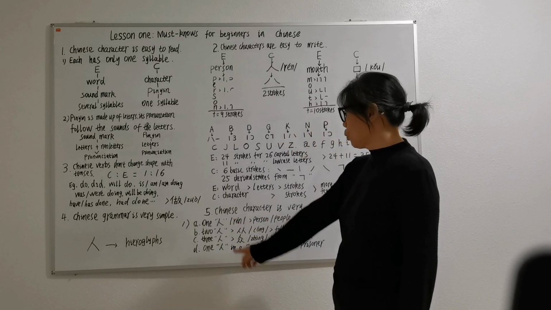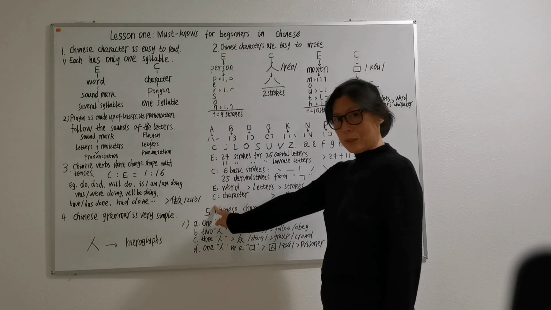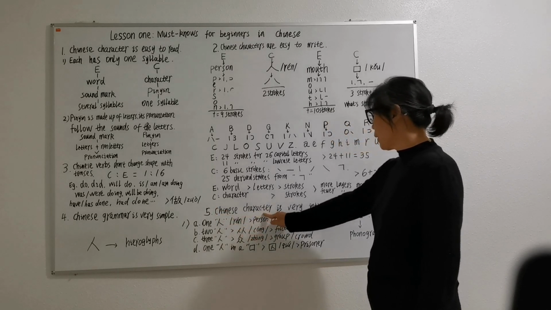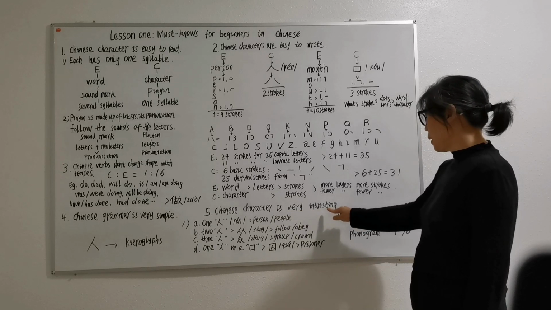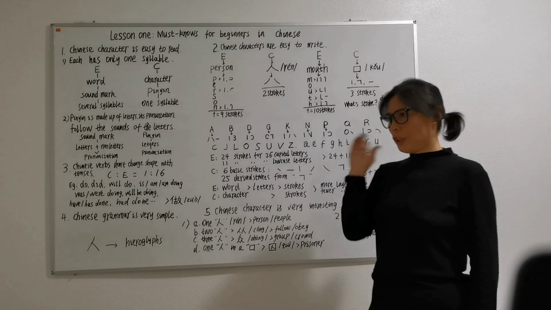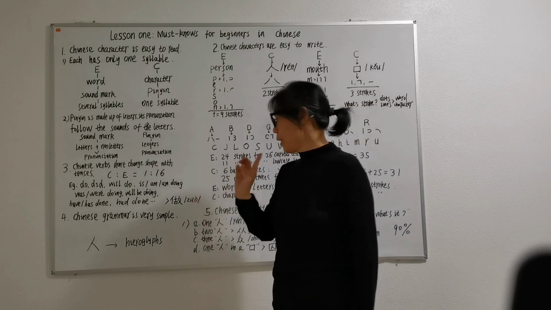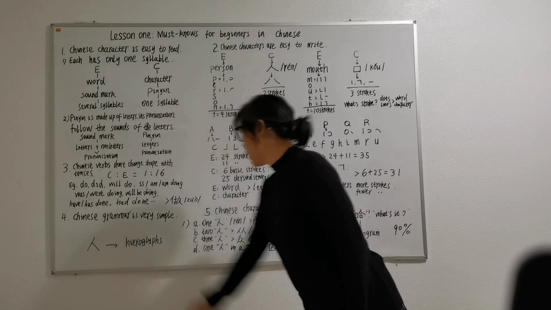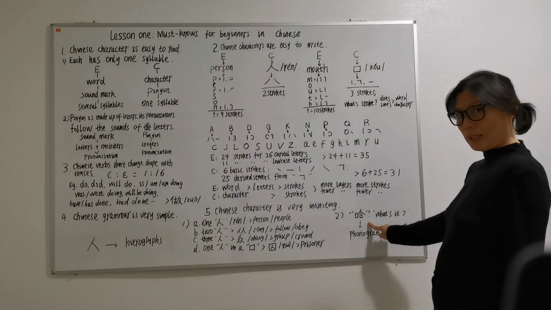Now, we go to the last one, number 5. Chinese characters are very interesting. About this, I give you 2 Chinese characters. One is 人, Chinese person, and one is this character.